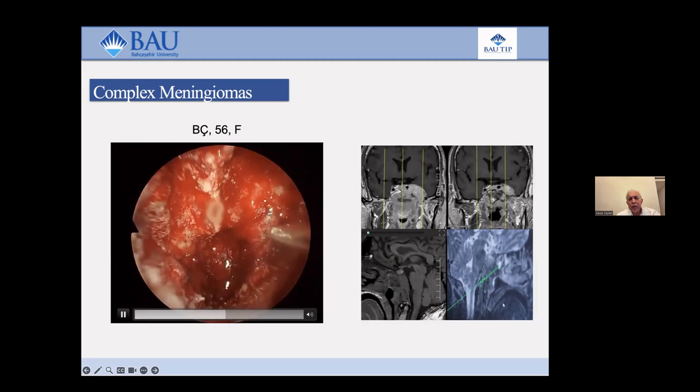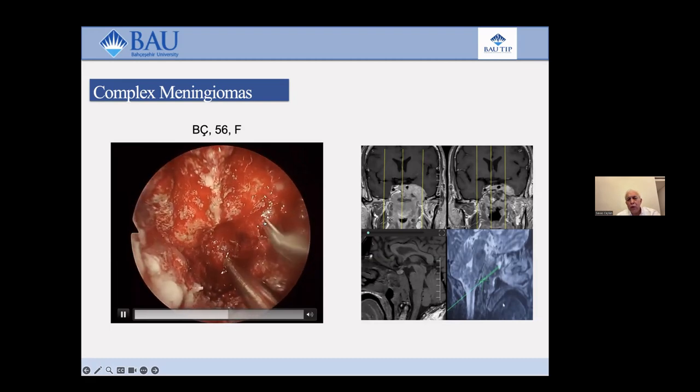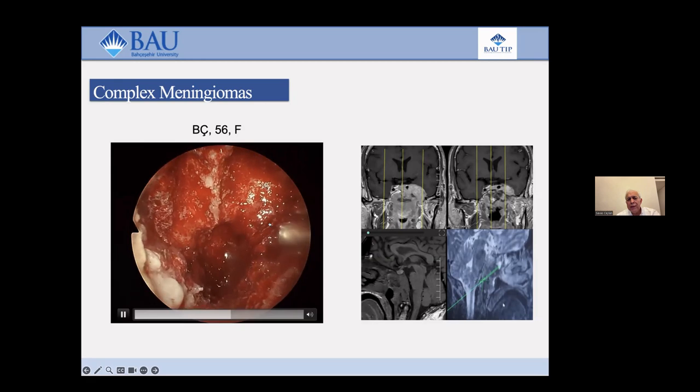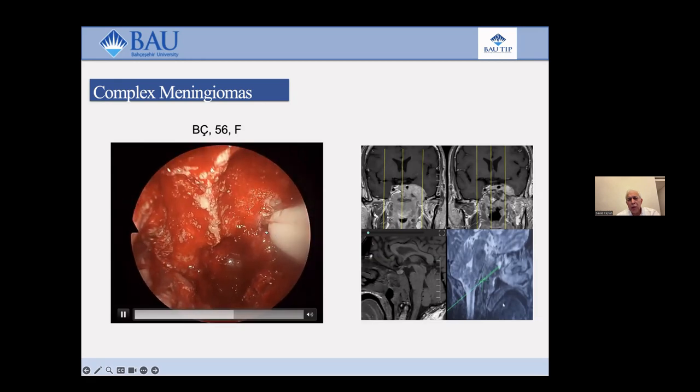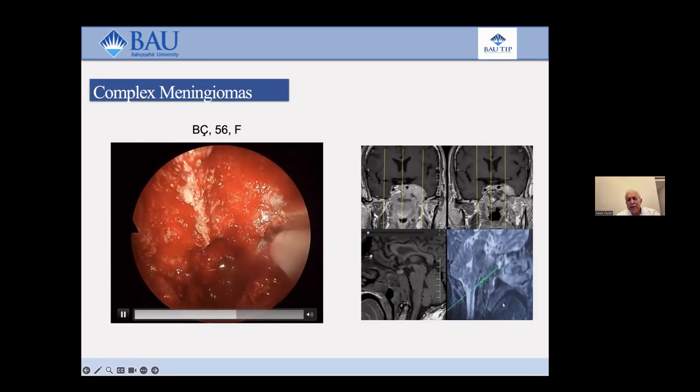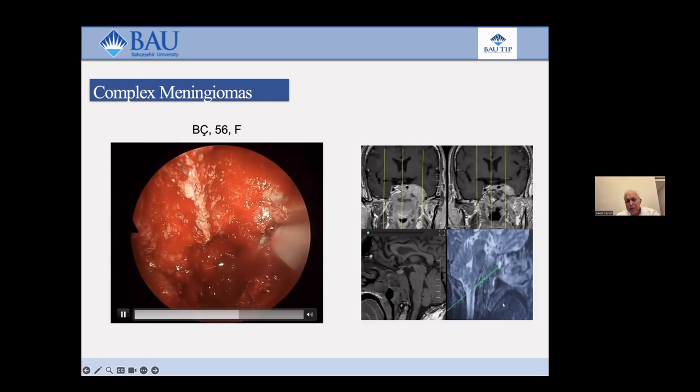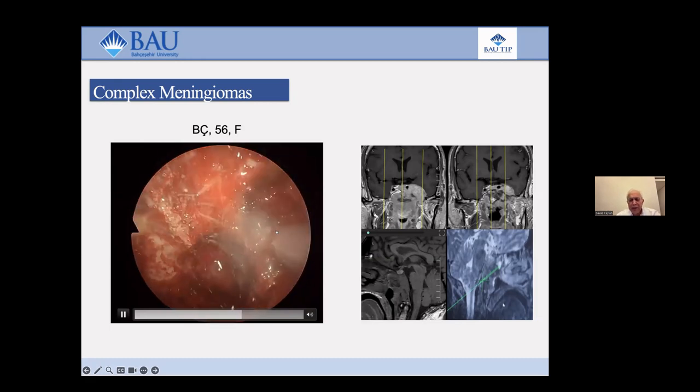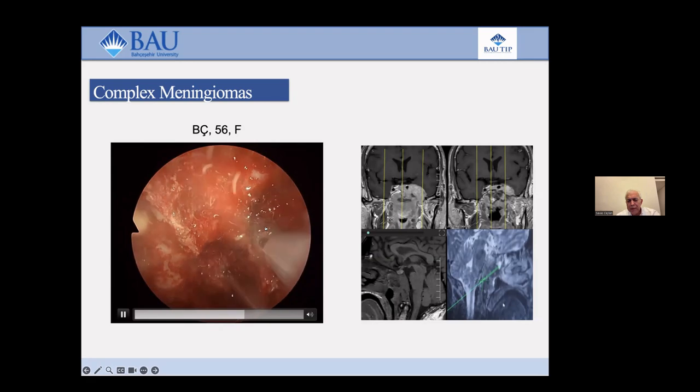You see the cavernous sinus anterior wall was opened, and we continued with Doppler, and we entered the lateral compartment. A very firm tumor was resected with an ultrasonic aspirator.